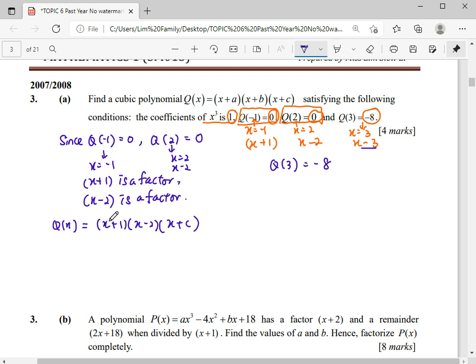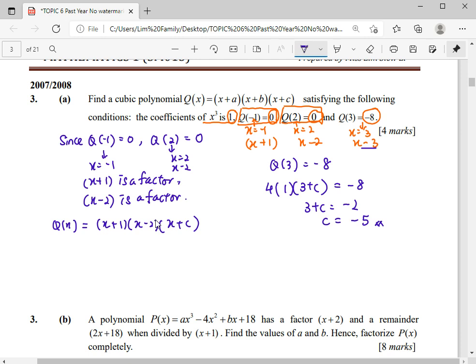So substitute x equals 3 into our polynomial. This one will be 3 plus 1, become 4, and this one 3 minus 2, become 1, and then 3 plus c equals negative 8. So 4 times (3 + c) equals negative 8, divide by 4 get negative 2, c will get negative 5. So this is how we find out our c value.